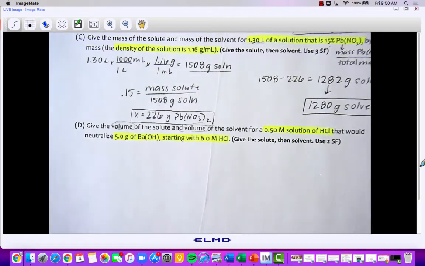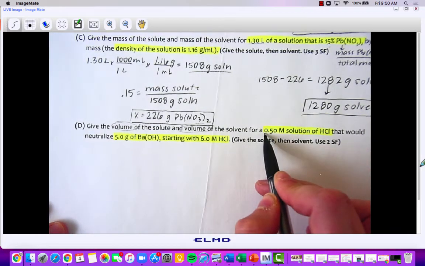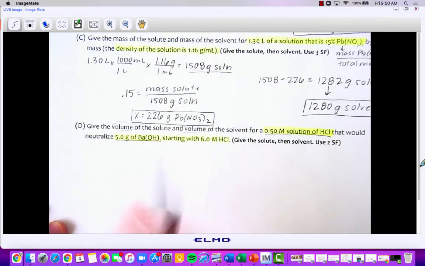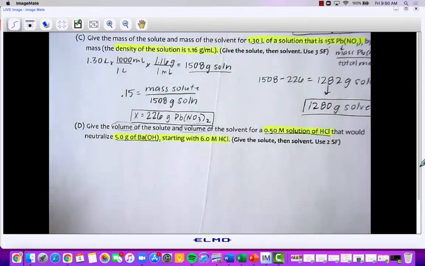So this one's a little bit more complicated because notice we have 2 amounts of HCl. So I'm focusing on 0.5 molar HCl neutralizing 5 grams of barium hydroxide. Neutralizing means stoich. So I'm going to start by writing out a balanced equation.